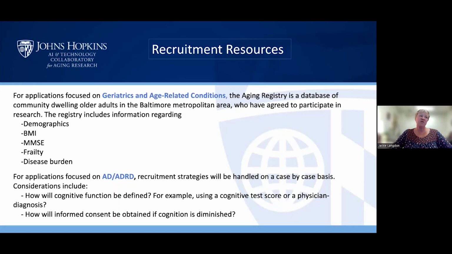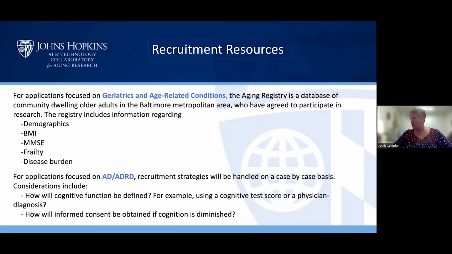For applications focused on the AD-ADRD folks, the recruitment strategies will be handled on a case-by-case basis with the help of the pilot leaders. Considerations include how the cognitive function will be defined. As I mentioned above, we do take MMSE scores, but perhaps that's not what you want.